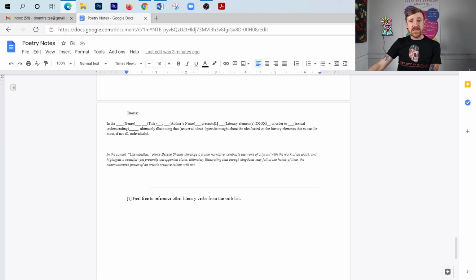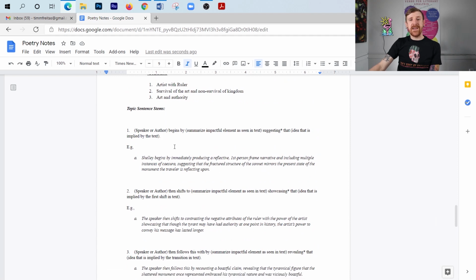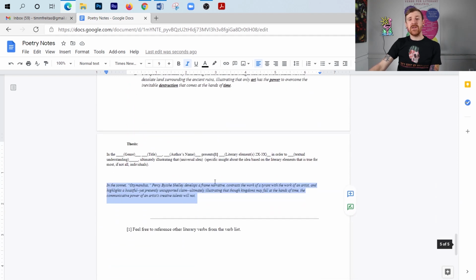That, folks, is a strong, strong thesis. And now what will happen is when I want to write my paper, this is going to go first, and then I will follow it by writing these body paragraphs here to ultimately get a strong, strong poetic analysis here. And that's really how it works.